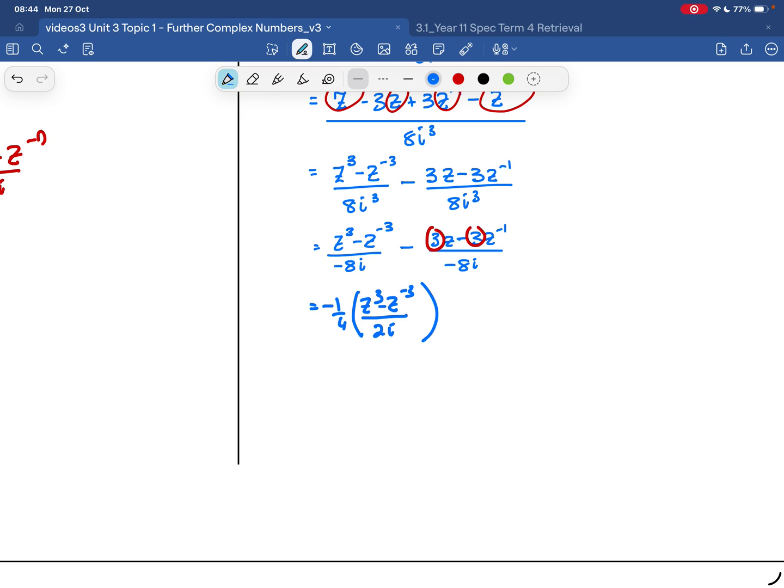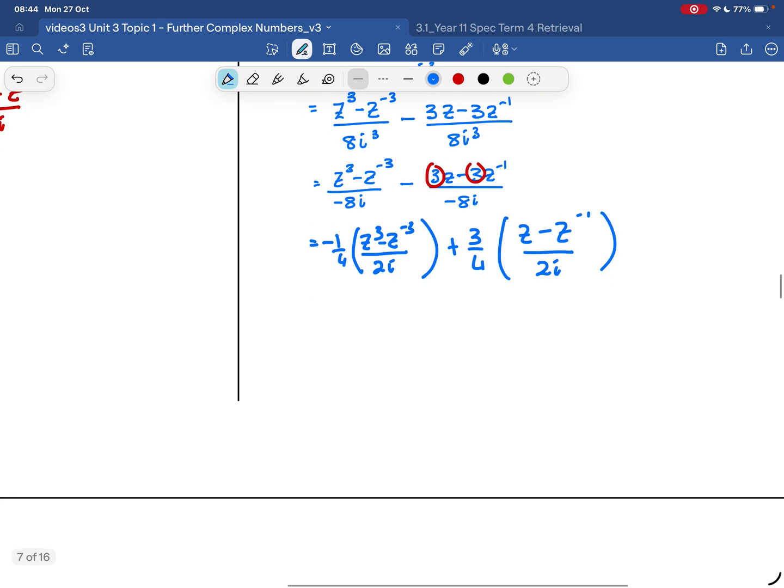So plus 3/4 z minus z to the negative 1 over 2i. All right, well, I know that z cubed minus z to the negative 3 over 2i is equal to sine of 3 theta. So that's negative a quarter sine of 3 theta plus 3/4 sine of theta.